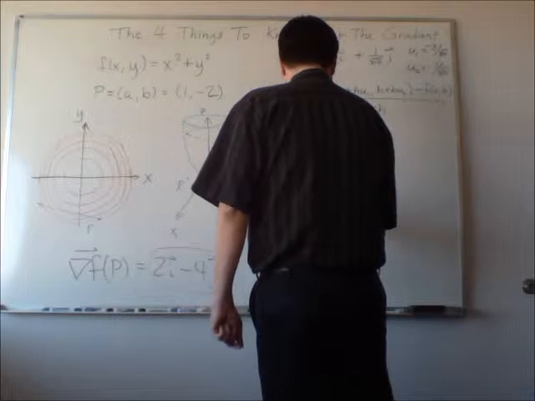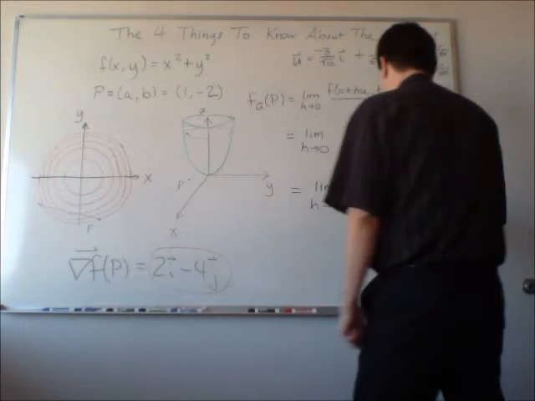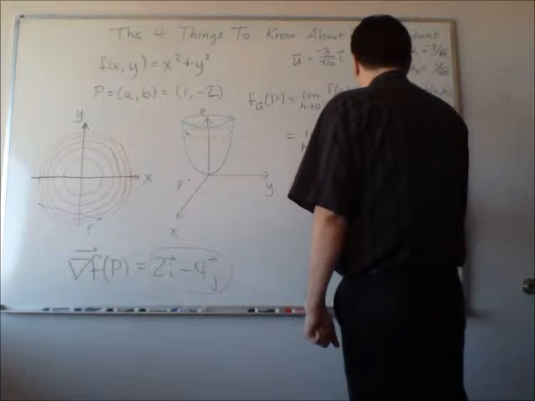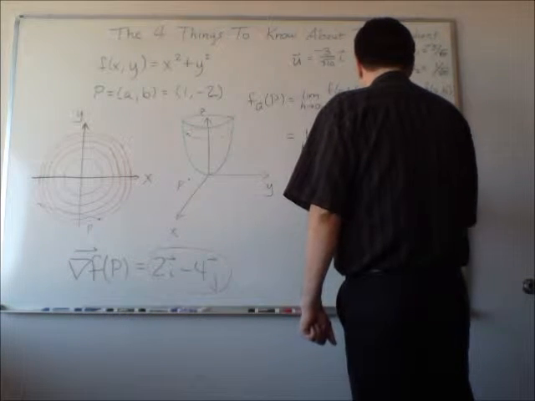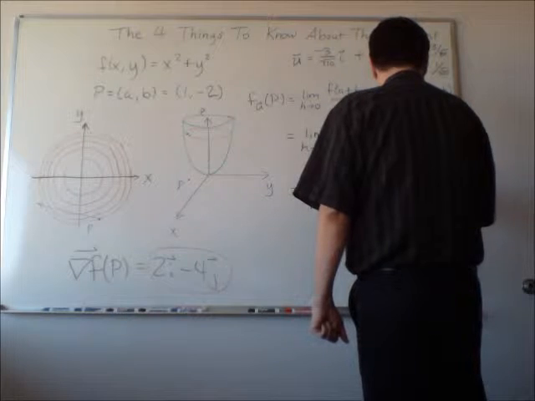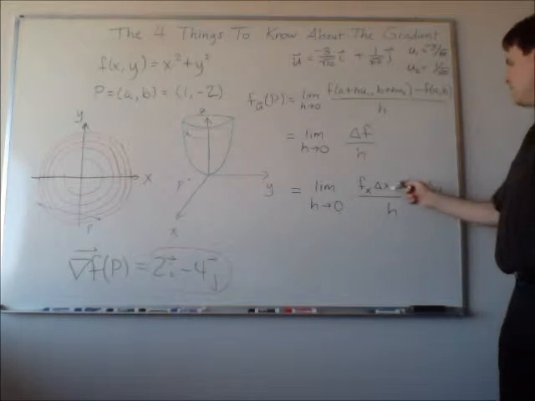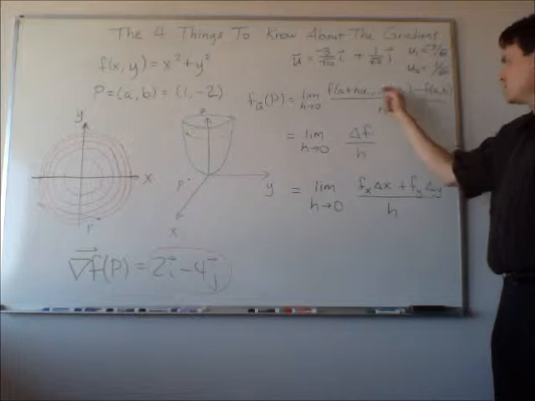That change in f is approximately f sub x times the change in x plus f sub y times the change in y. But I have the changes in x and y. Those are recorded here.